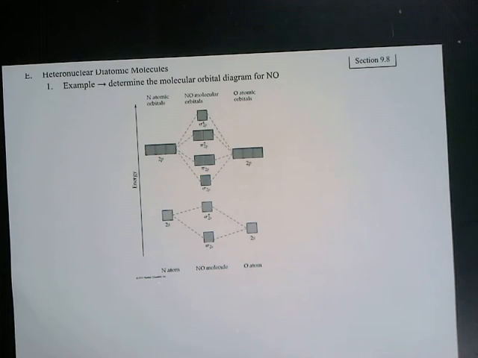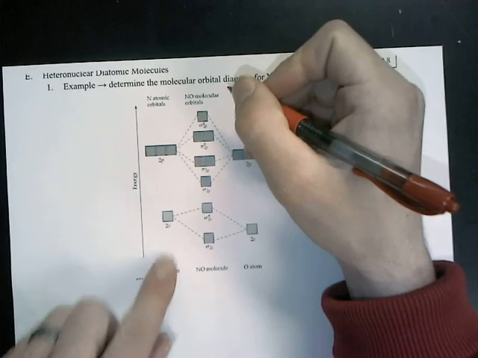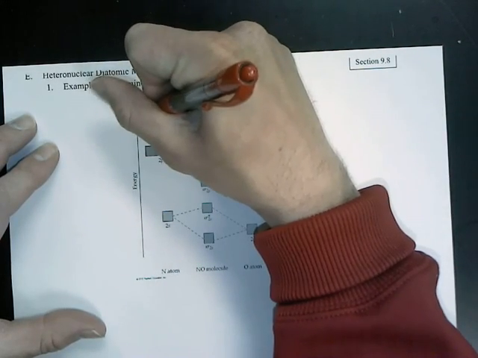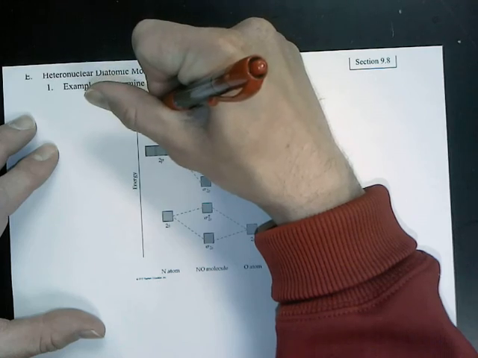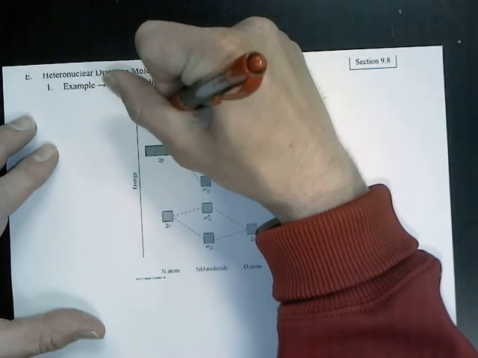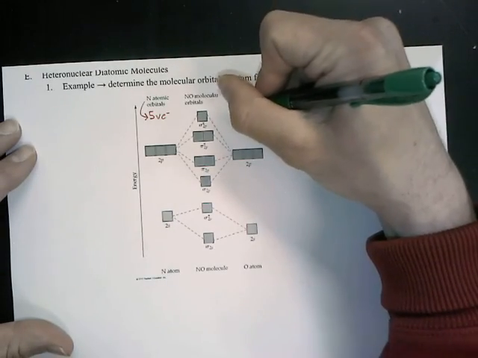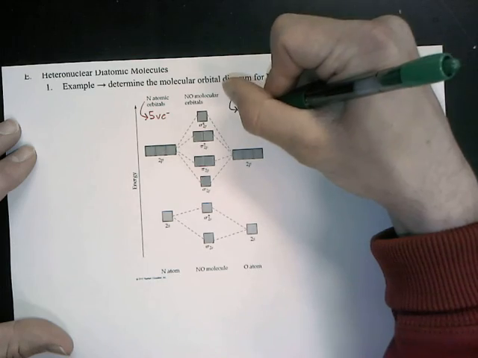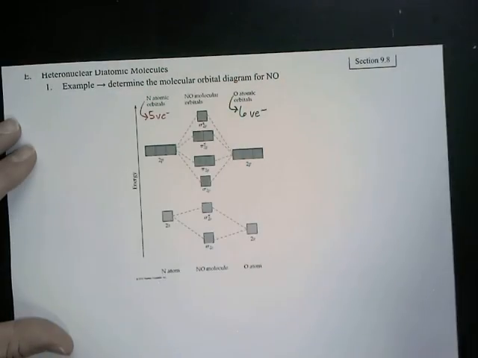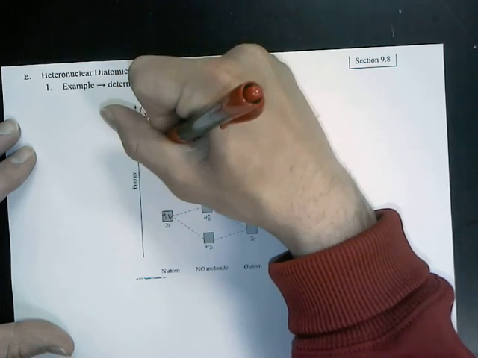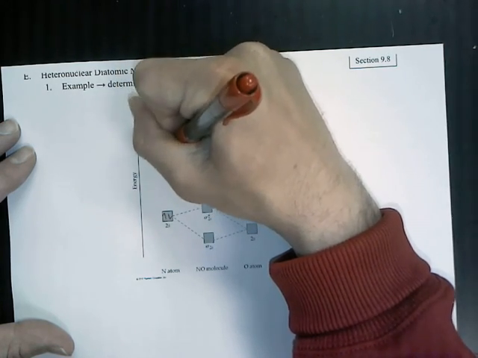All right, so again, I'm just going to go over this really quickly, but we're only dealing with the second energy level, so that means we can just deal with valence electrons. Nitrogen has 5 valence electrons, and oxygen has 6 valence electrons. So what I'm going to do here is I'm just going to put these electrons in the locations that we have.